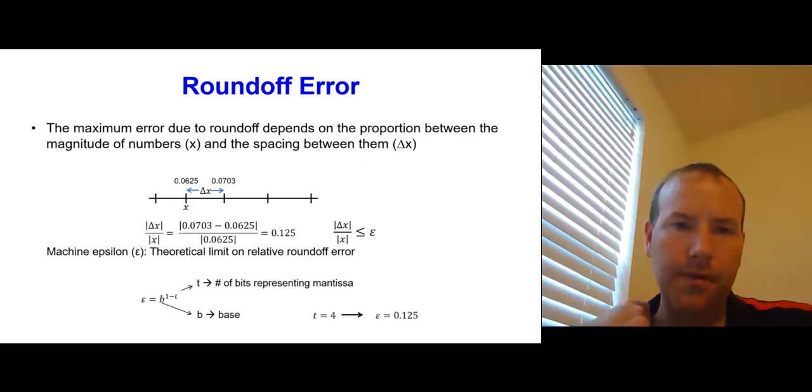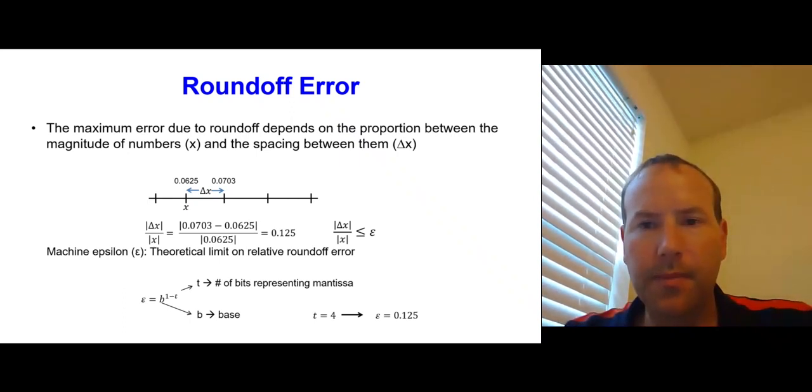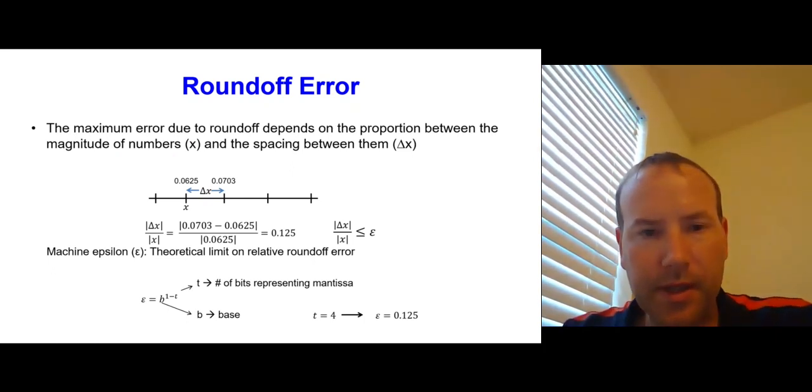So the maximum round-off error really has to do with the magnitude of the numbers and the proportion of that with the spacing between the numbers. So you can see that, as in the last example, the spacing between these two items dictates how much round-off error you would have.